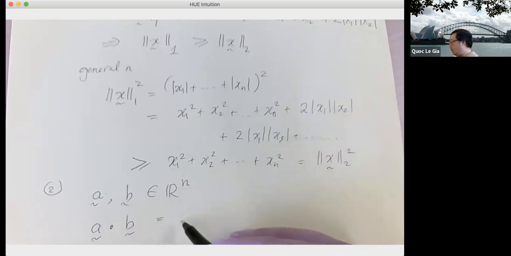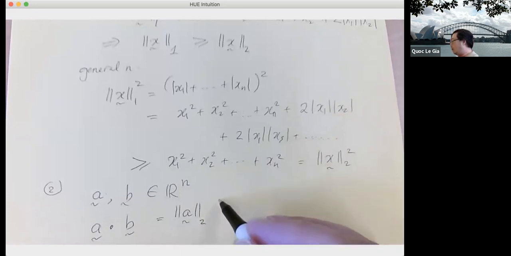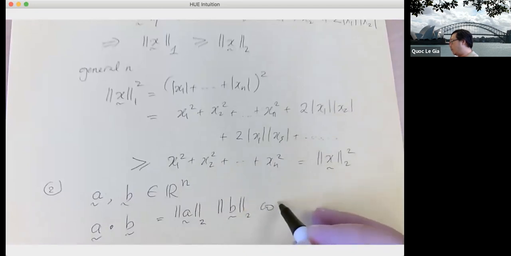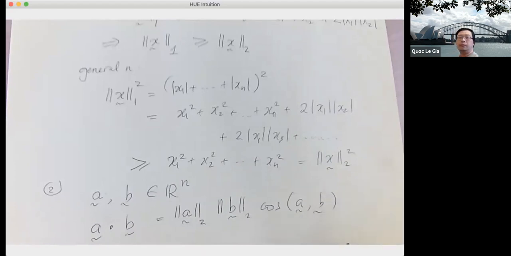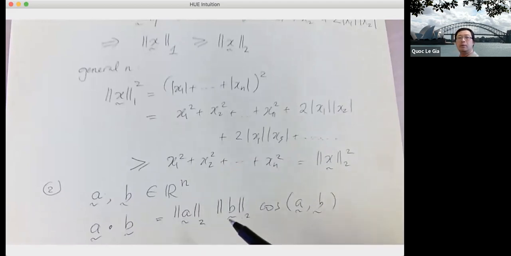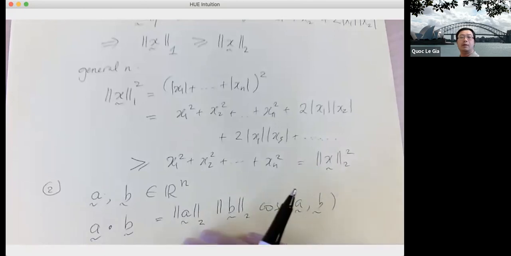Have you seen this formula before? It will be the length of the vector A, so the length is the 2 norm, times the length of the vector B, times cosine of the angle between vectors A and B. Have you seen this relation somewhere?